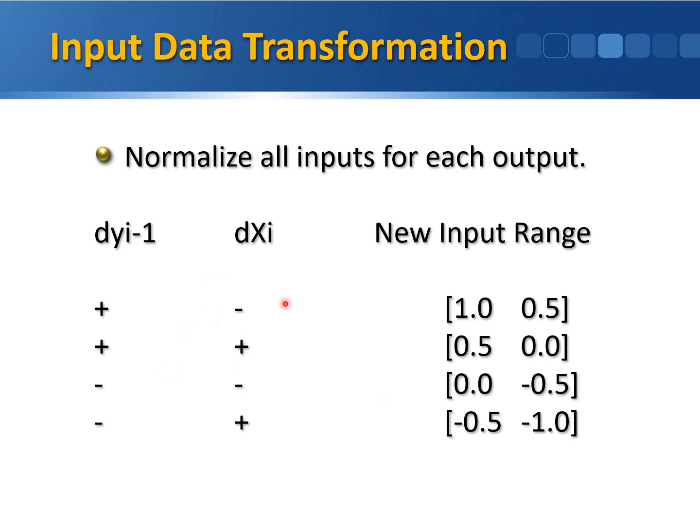In case the stock market rises, DXY most probably falls, so in that case the new input range is between 1.0 and 0.5, and in case both are rising, likewise we can find about 5 different cases of similar nature in order to normalize all inputs for each output.